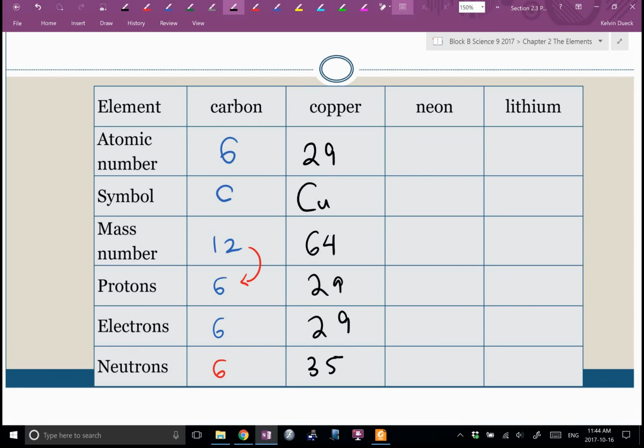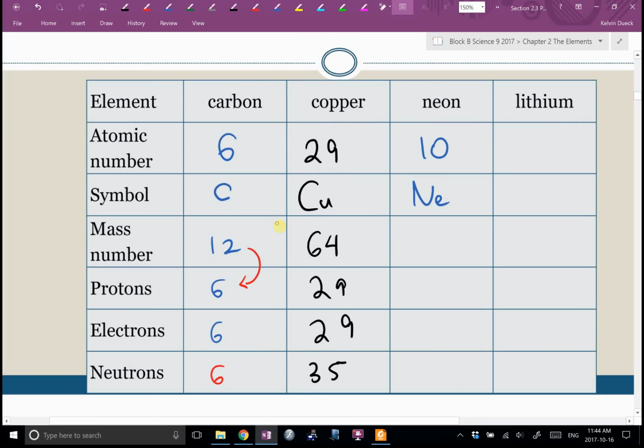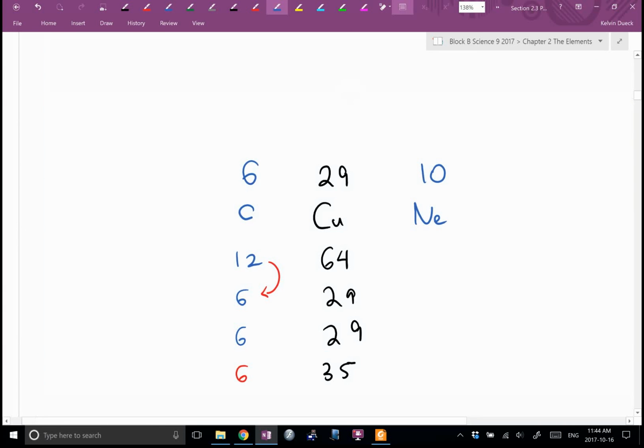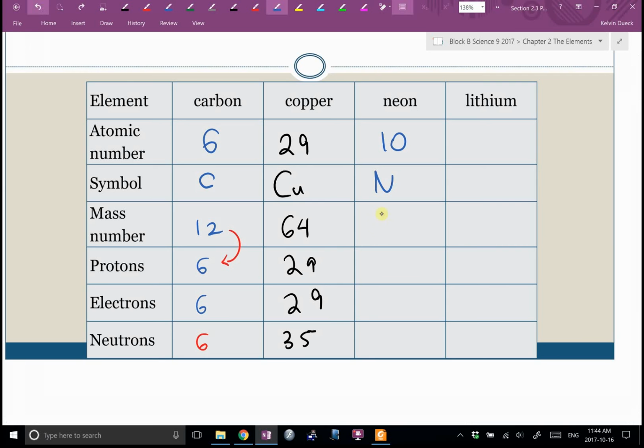Neon, there it is. I do this every time. That's a 10, not a 12.